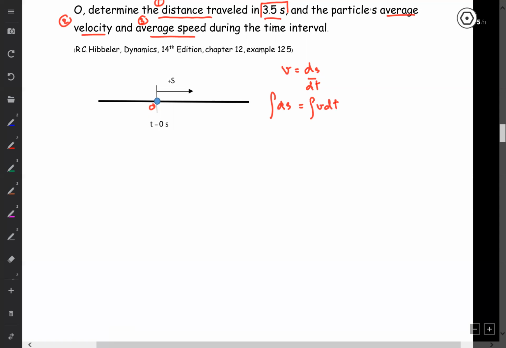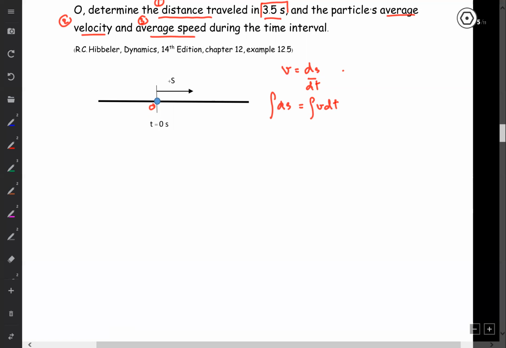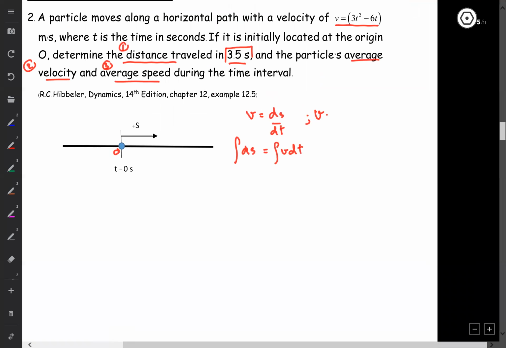From this problem, we know that the velocity function is equal to 3t squared minus 6t, right?